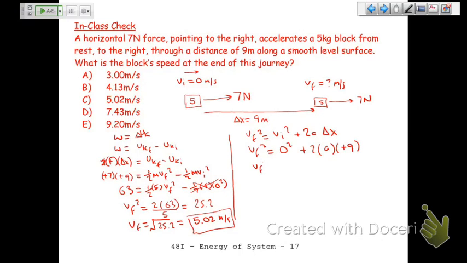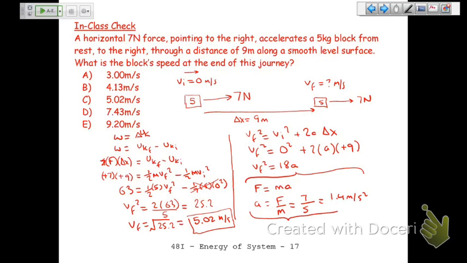So Vf squared is equal to 18 times a. Oh, if only I had a. And I say, well, F is equal to ma. So a is equal to F over m, which equals 7 over 5, which equals 1.4 meters per second squared.